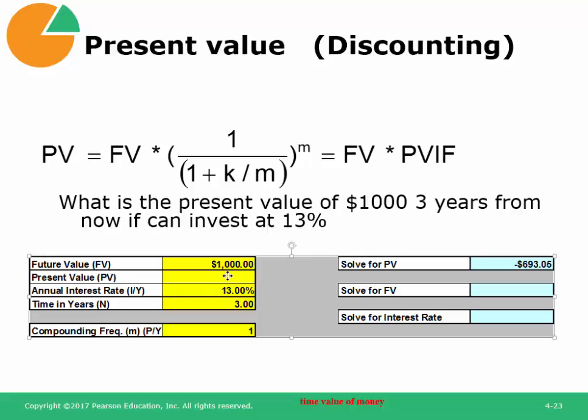If you end up with answers over here that don't seem to make any sense, or there are no answers, then you have a number or a variable that has been input incorrectly. 13% at 3 years, this is worth $693.05 in today's money. So that's what you'd be willing to pay today to get $1,000 in 3 years if you could earn 13%.